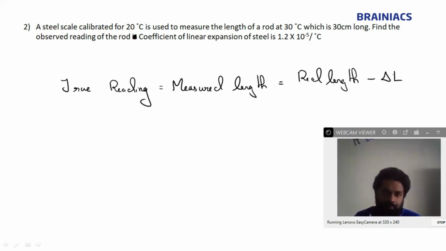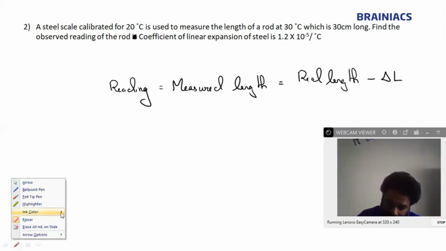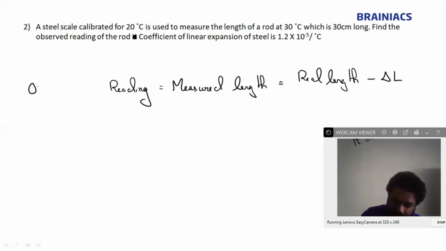We can say this is the observed reading or measured length. Now when it reads at 30 degrees Celsius, the observed reading is going to be real length minus the change in length. So what they are asking: find the observed reading.